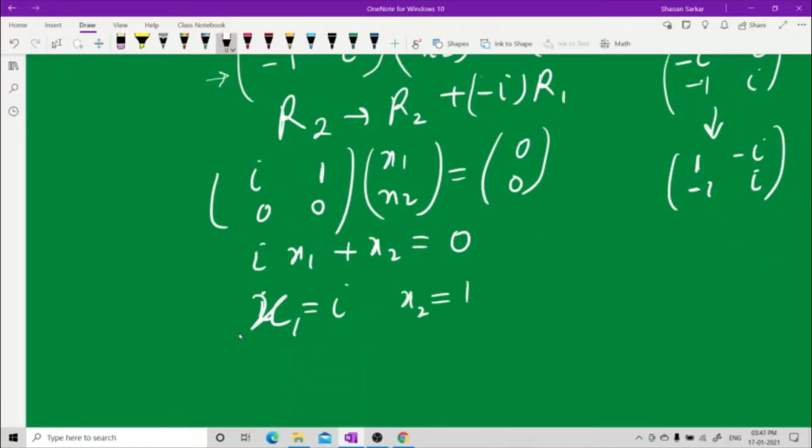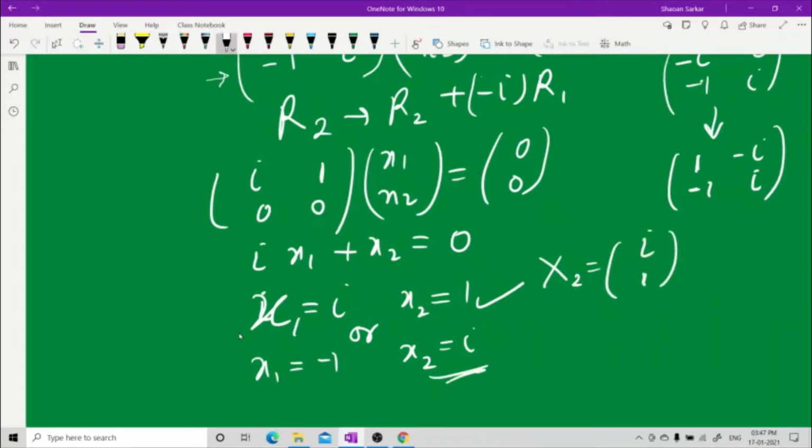Or you can do x1 equal to minus 1, x2 equal to i. So it's your choice. If you take this, you will get this vector, i and 1. And if you choose this, your x2 will be minus 1 and i.